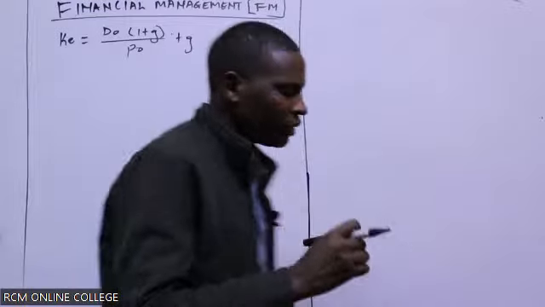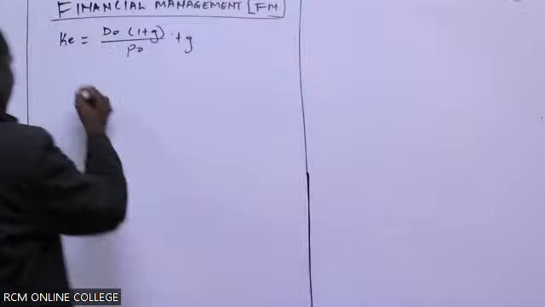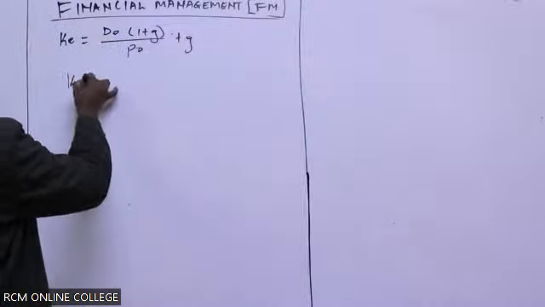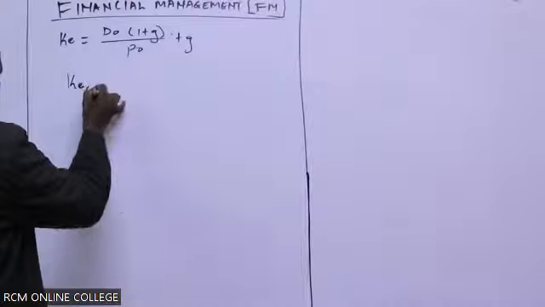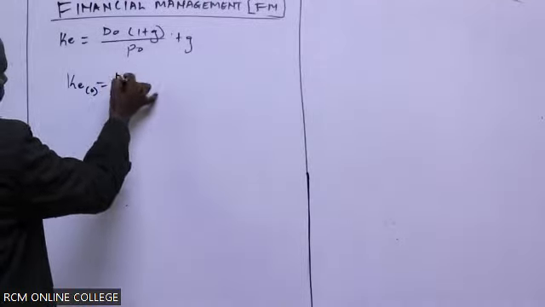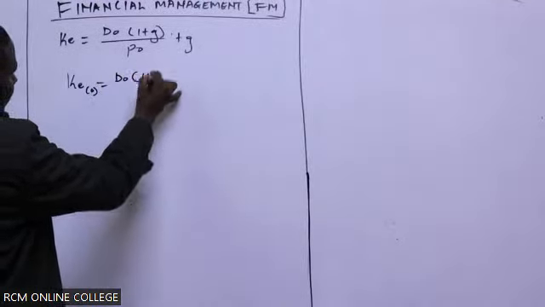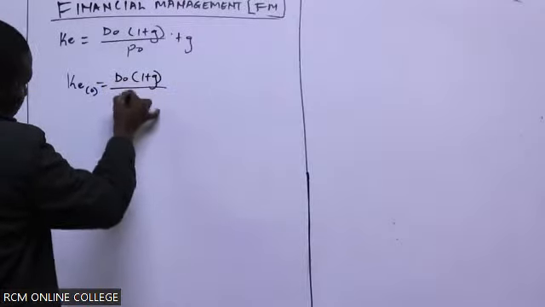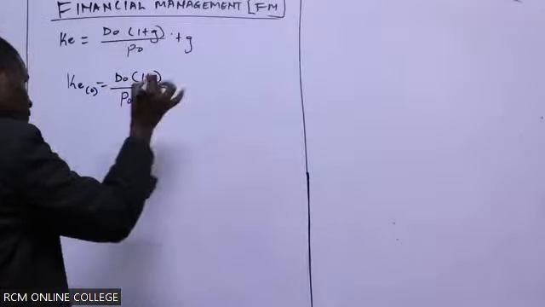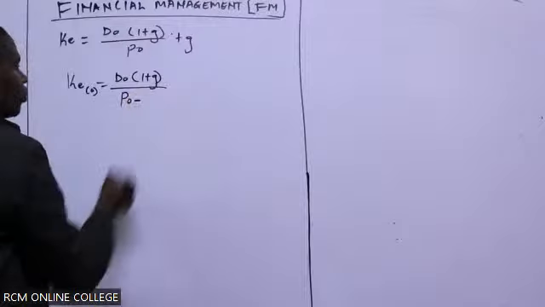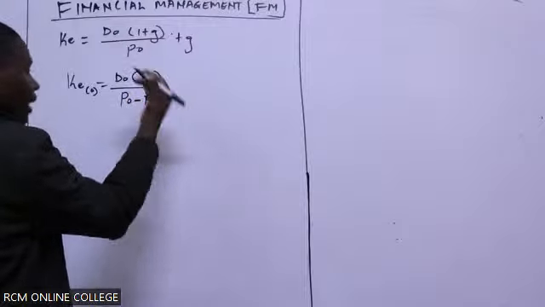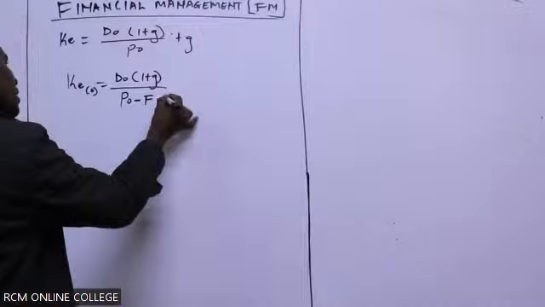Now when we go to the KE of ordinary share, where we are issuing new shares, it will be D0(1 plus g) divided by P0. Then we have to incur some cost here, the issue cost, flotation, and we have to give some discount.